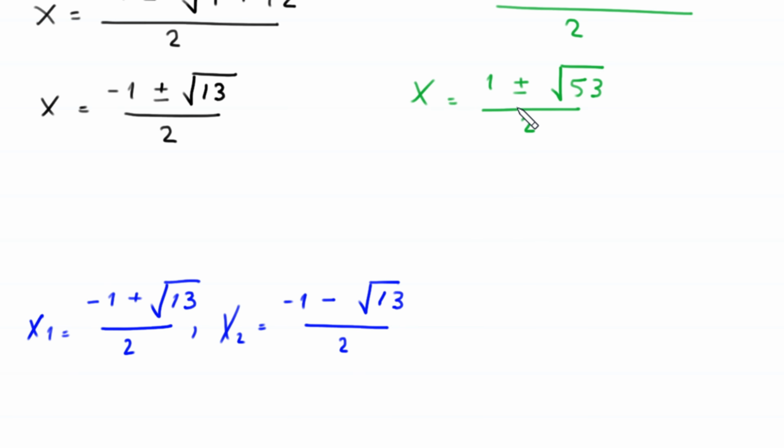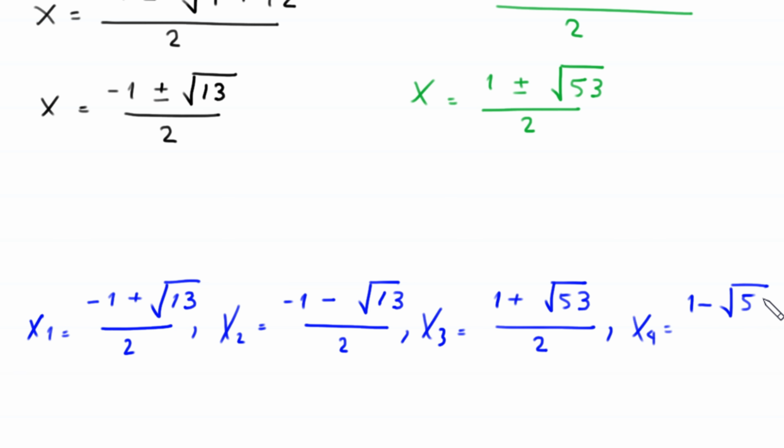And from this equation we get other 2 solutions. x3 is equal to 1 plus root 53 divided by 2, and x4 is equal to 1 minus root 53 divided by 2.